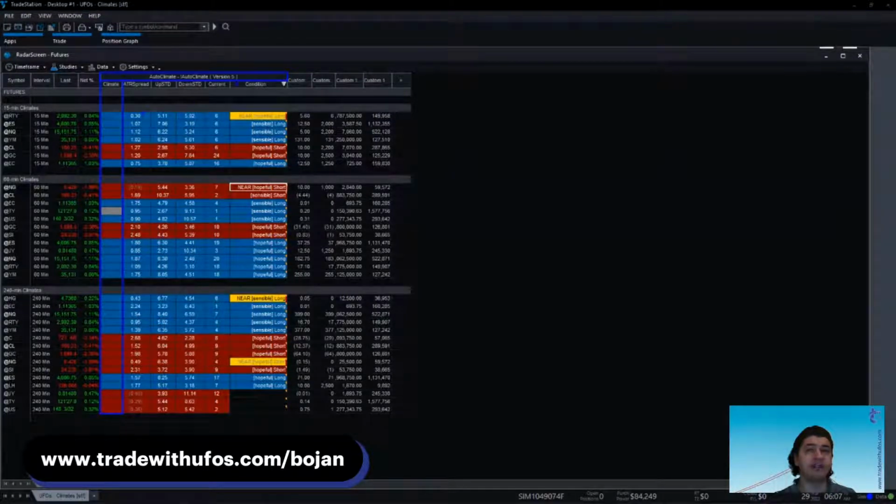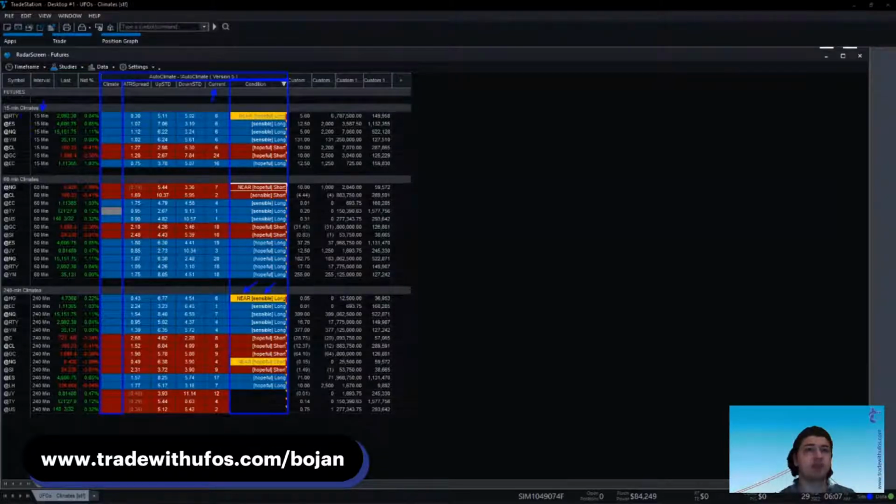Over here, the condition is the next thing we need to look at. We would prefer if something is flashing yellow, like it is here, near. However, next to the word near should say sensible. Near sensible means that it still makes sense to go long on this trade according to the count in the climate. The count is right here, that current. That's giving you the current 15-minute interval count this climate has been going in the same direction for.